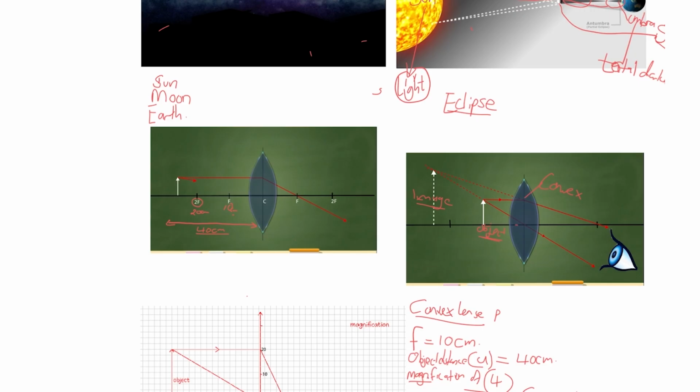Now, we shall have another ray that comes from the tip of the object passing through the center. So now an image is going to be formed. That image is here. You are seeing that this image is, 1, inverted, 2, real, and 3, diminished. So that is our ray diagram.